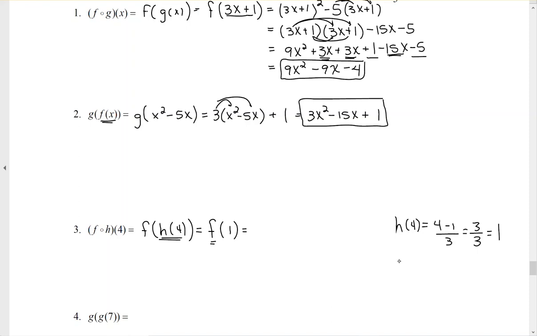So again, you can do this off to the side, f of 1, and the function was take out the x, write everything else the same, and then put in the number 1. So 1 squared minus 5 gives me negative 4. So my end result is negative 4.